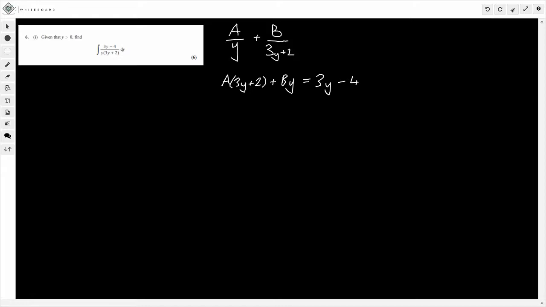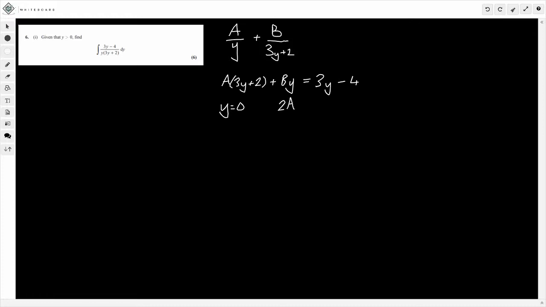So how do we do that? If you've not done this before, remember you've got to eliminate one of the variables that we're working with. The first one I can eliminate is the B by making y 0. So when y is 0, what that gives me is 0 lots of B, so that's just going to disappear. 3 times 0 is just 0, plus 2, so that gives me 2A.